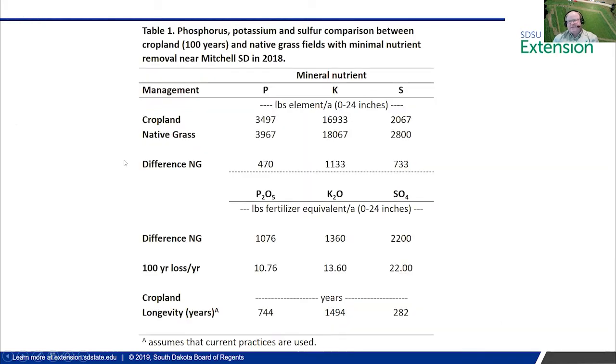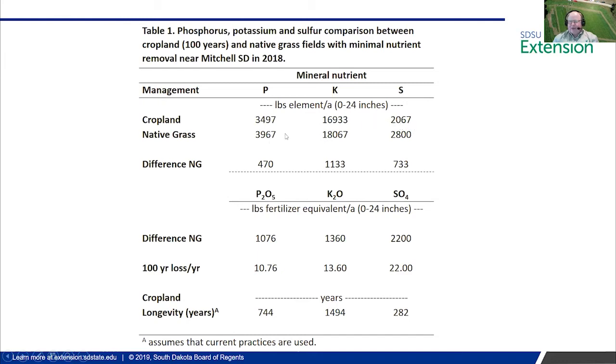Okay, just to summarize a little bit about what we did here as far as sustainability of those mineral nutrients. I calculated the level of mineral nutrients in the top 24 inches here. And you can see there's a lot: 3,497 for phosphorus in the cropland, almost 17,000 potassium, 2,000 sulfur.